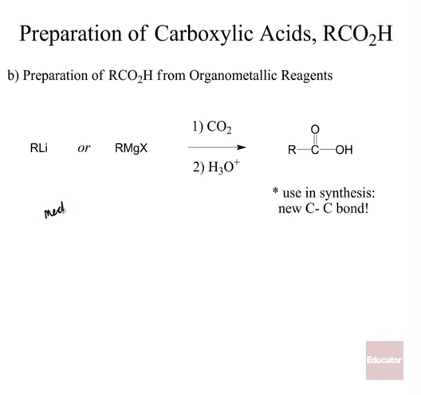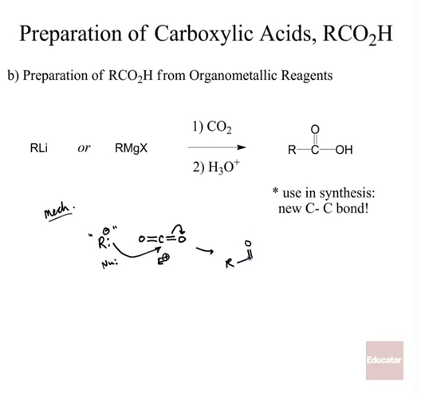With either the organolithium or the Grignard, we have an R- equivalent. That's a good nucleophile. And if we take a look at the structure of carbon dioxide, we see a carbonyl here, so that looks like it would be a good electrophile. And so we can have it attack the carbonyl and break the pi bond.